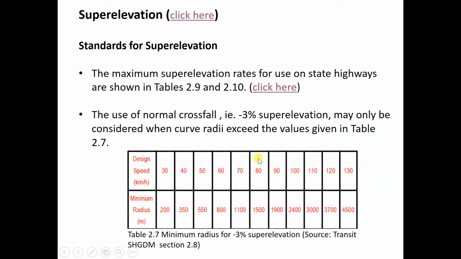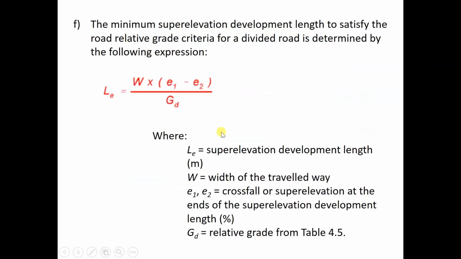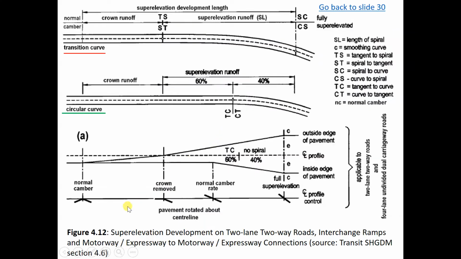So there are times that we may not need to super elevate the road. We can even maintain the normal crown. This position of the pavement is called normal camber.